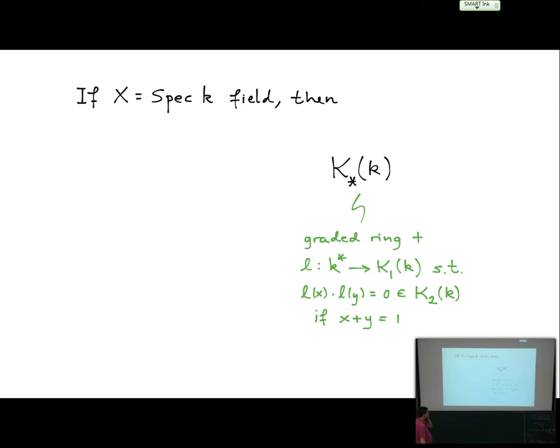And there's a map from the group of units in the field to K1 such that if we multiply the image of two units whose sum is 1, then that element in K2 is 0. So this is the Steinberg relation.